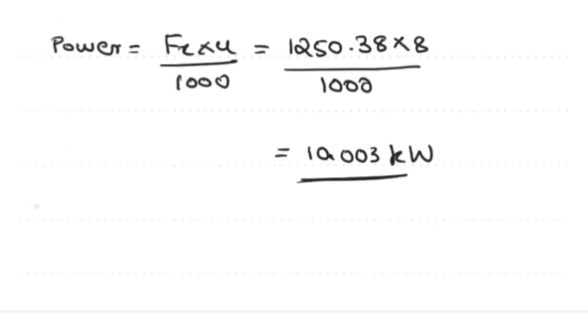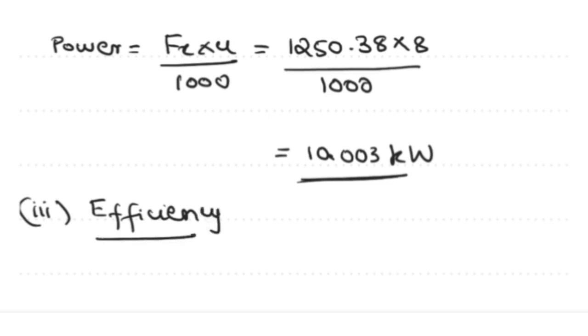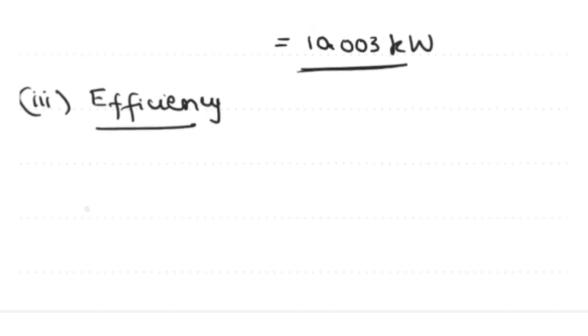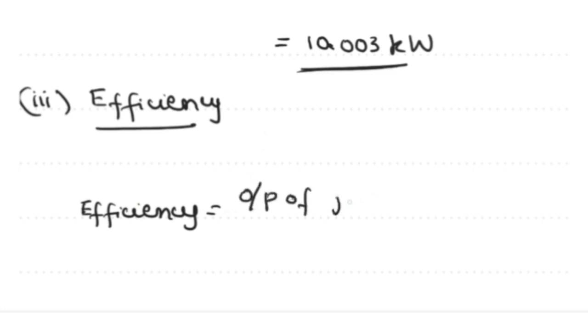The third question asked is the efficiency. Efficiency can be calculated using the formula: efficiency is nothing but output of jet per second divided by input of jet per second.